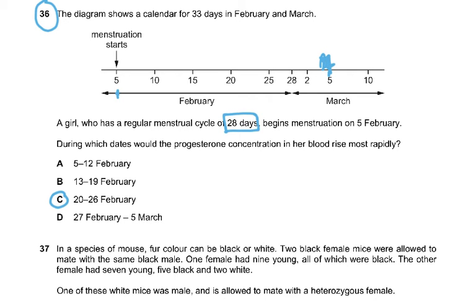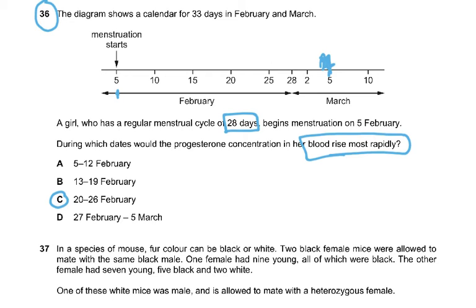During which dates would the progesterone concentration in her blood rise most rapidly? If you remember the menstrual cycle, the 14th day is the date of ovulation. So 5 plus 14 is 19, so the 20th. So from the 20th to the 26th of February, the progesterone levels would rise.